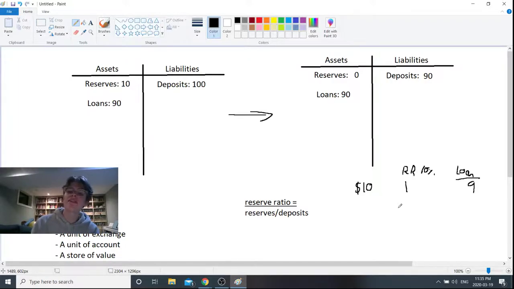So now they have $9 of new deposits, and 10% of $9 is 0.9, which means you can loan out again $8.1, and that keeps happening over and over again. So what we see is that they created a lot more money than was originally shown, and I'll go over the formula for the total amount that they created in my next video, because I don't have that number off the top of my head, but I'll get it for my next one.